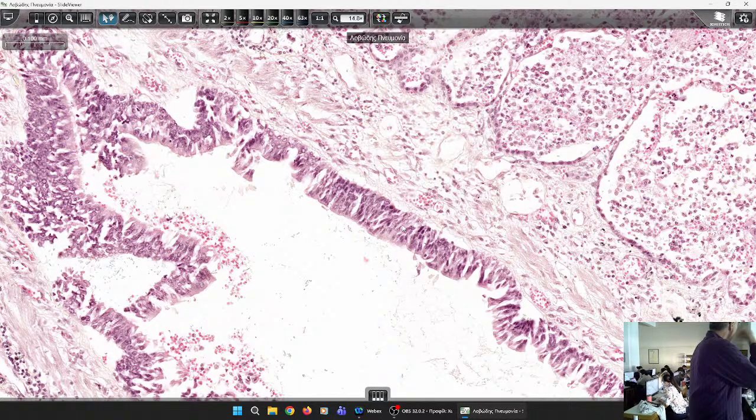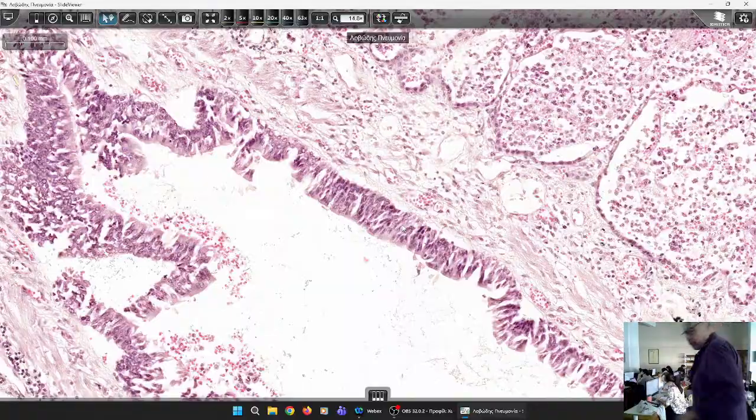It lines the upper respiratory tract, the trachea, the central bronchi, and generally large bronchi, because in bronchioles it is not so well recognized. It is somewhat flattened, and this has continuity to the alveoli, where you have the pneumocytes lining the alveoli.